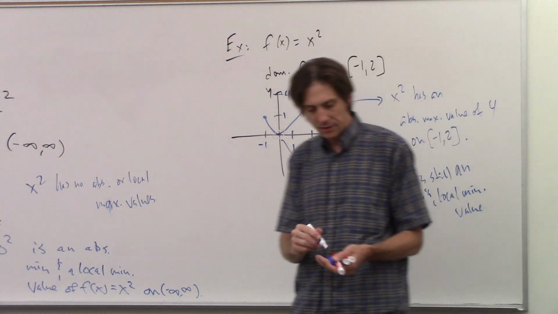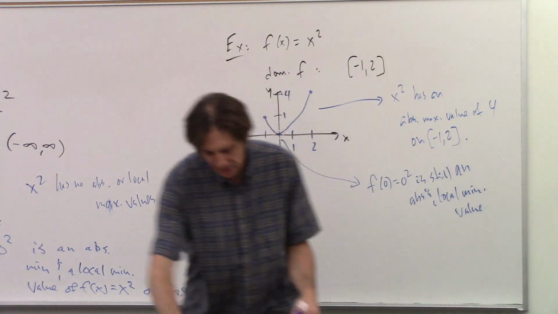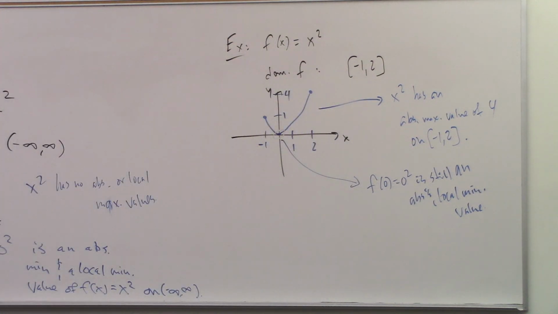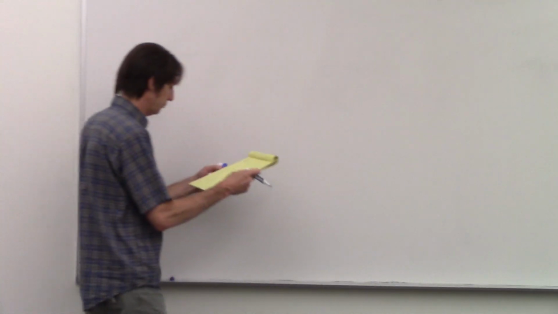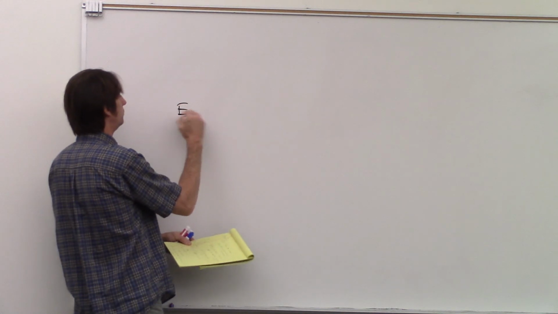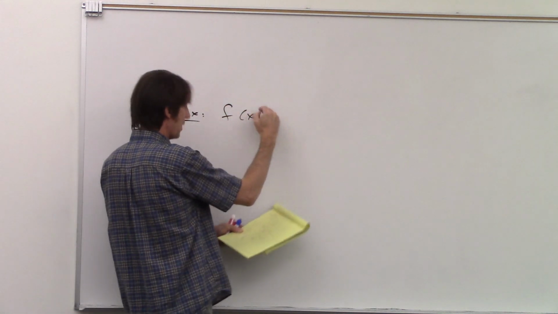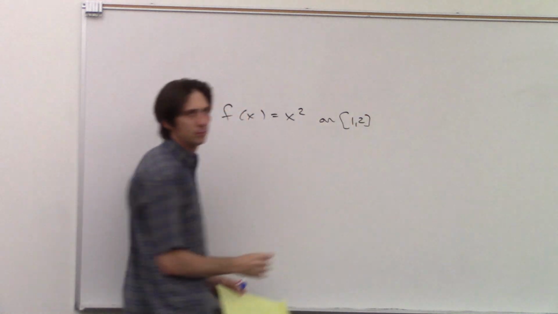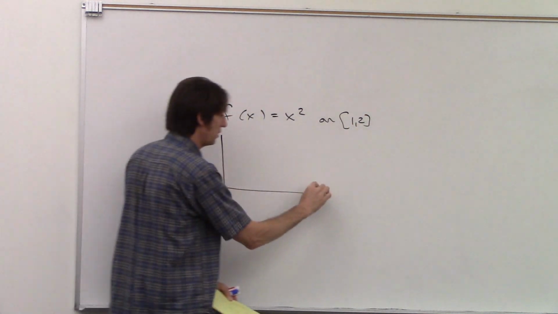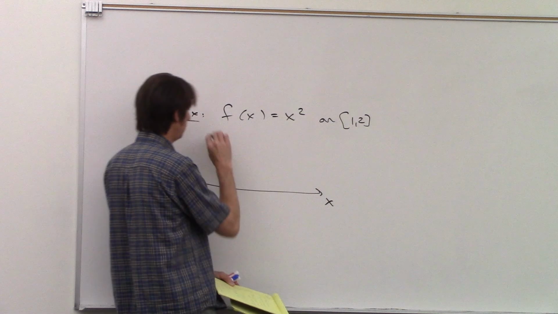I can play tricks like this all day long. Let's look at one or two more similar examples. So, f of x equals x squared, but this time on the interval from 1 to 2. So there's a different restriction on the domain.